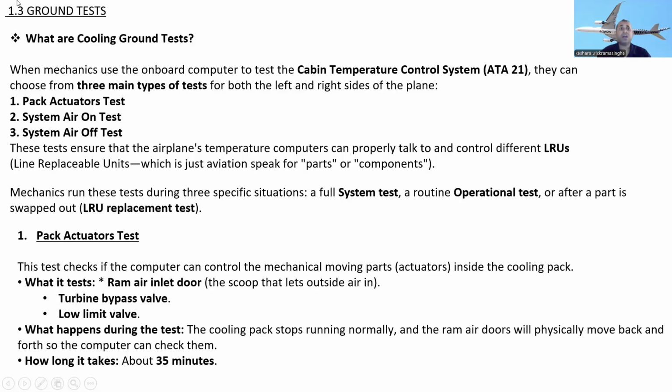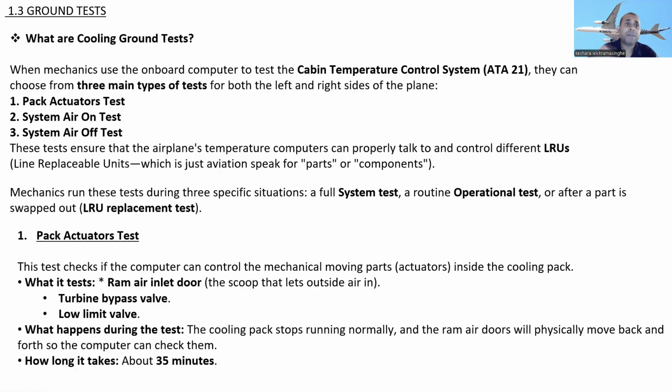So what are cooling ground tests? When mechanics use the onboard computers to test the cabin temperature control system, they can choose from three main types of test for both the left and right side of the plane.